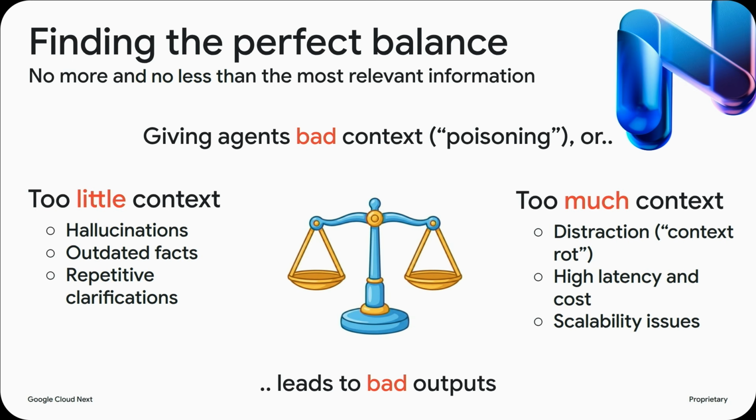But everything else is about finding the right balance, finding that Goldilocks zone for your agent context. Too little context will cause it to hallucinate, also have fragmented reasoning based on outdated facts, and it will have this weird behavior of constantly asking you clarifying questions. Too much context, as we discussed earlier, will create too much distraction and noise and provide context rot.